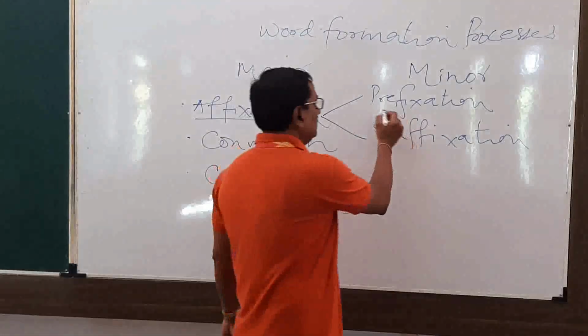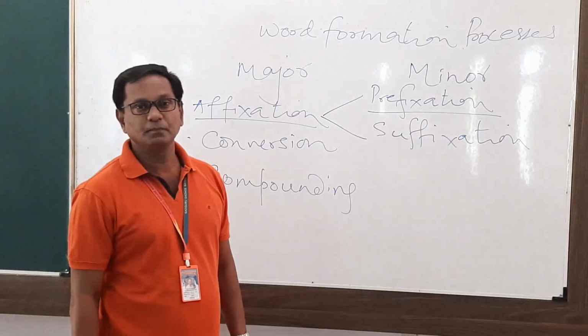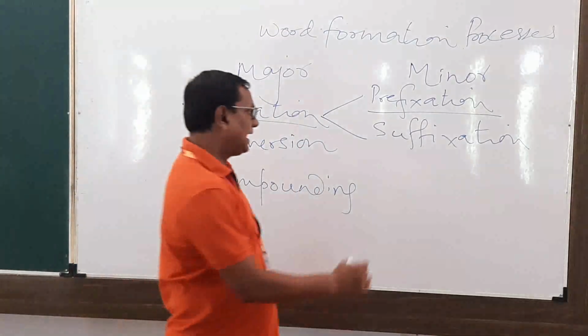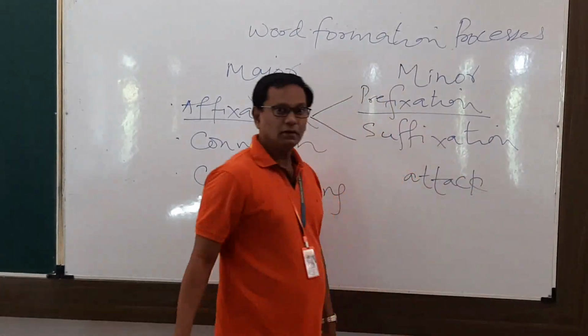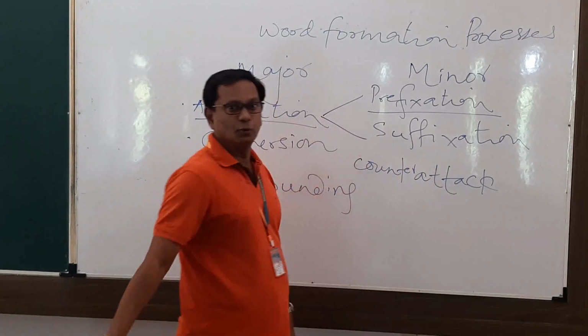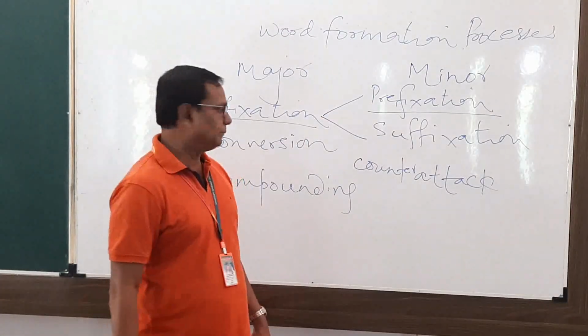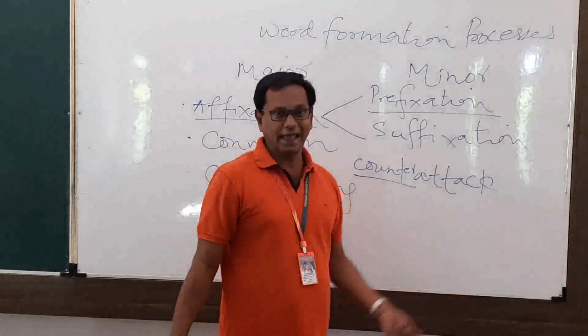Let us look at some examples of prefixation. Attack is the base. Counter-attack is the word that we form with the application of a prefix. So we get the word counter-attack.